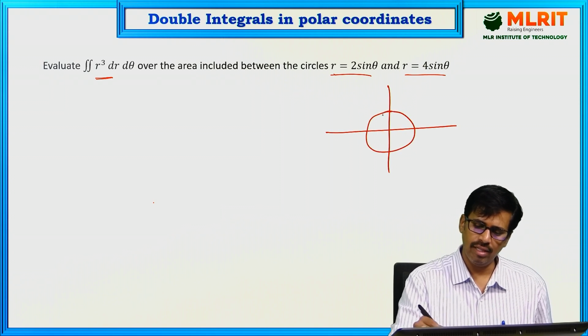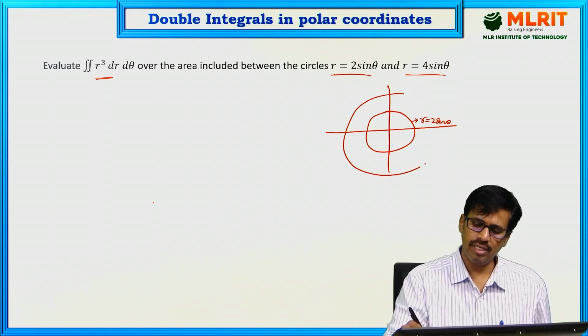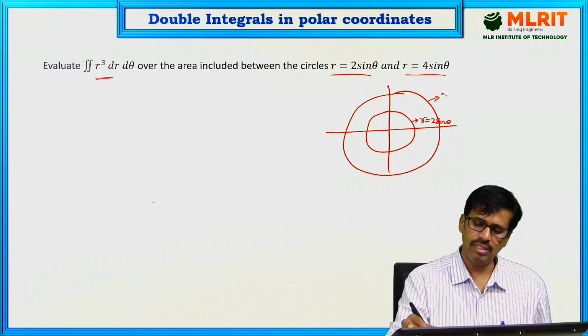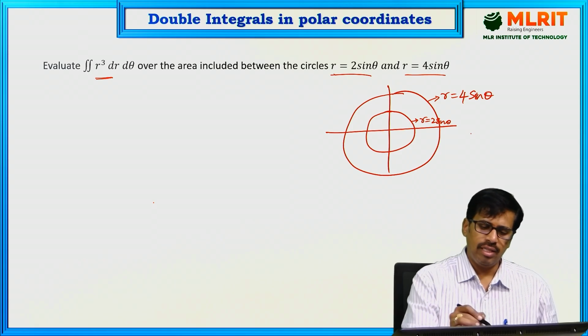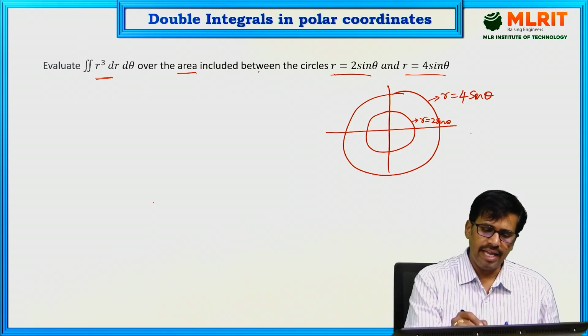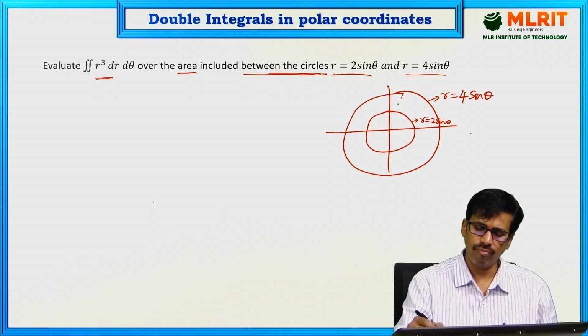The small circle is r equal to 2 sin theta, and the big circle is r equal to 4 sin theta. The area is included between these two circles.